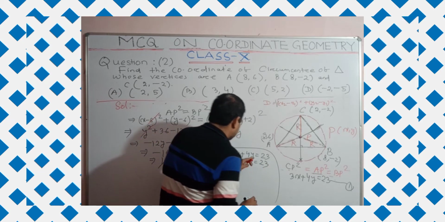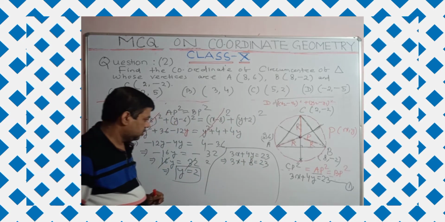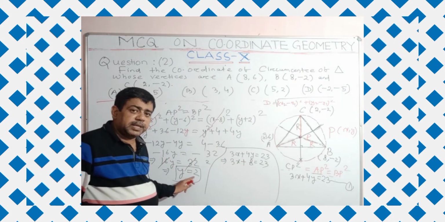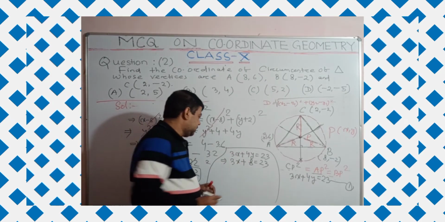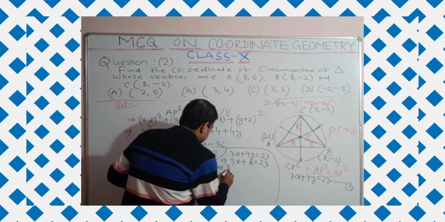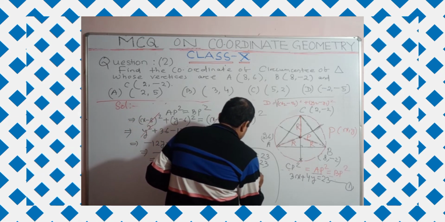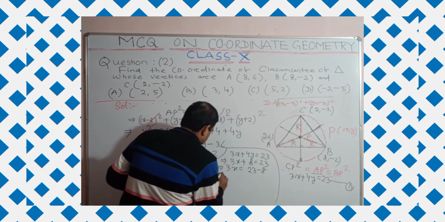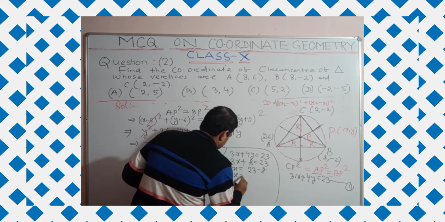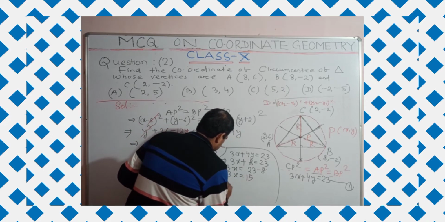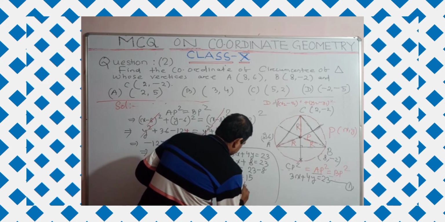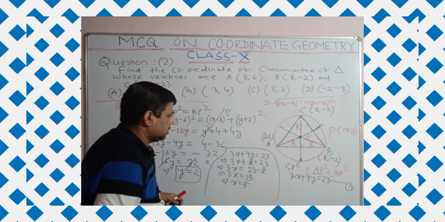So 3x is equal to 23 minus 8, which is 15. So x is equal to 5, since 3 fives are 15.